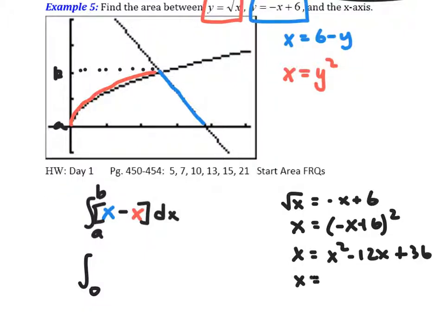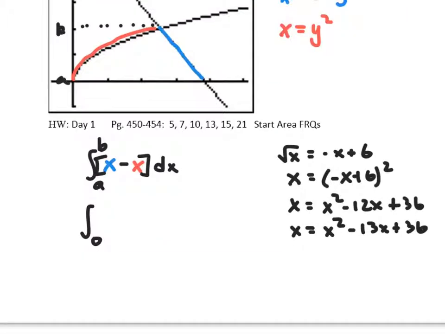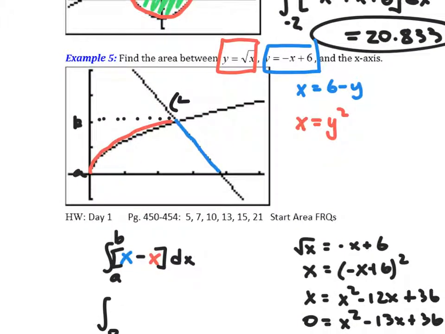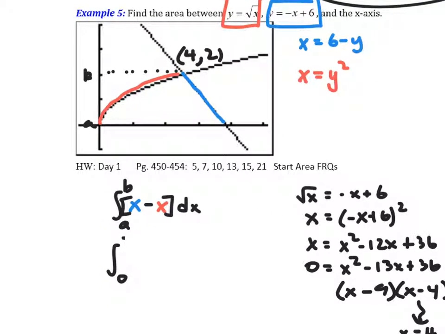So x equals x squared minus 13x plus 36. Whoops, I meant to put a 0 here. I subtracted that over. If I factored that, I'd have x minus 9, x minus 4. So I'm going to take an assumption here and say that this has to be x equals 4. Well, if x equals 4, then y equals 2. So this value here would be a 2.